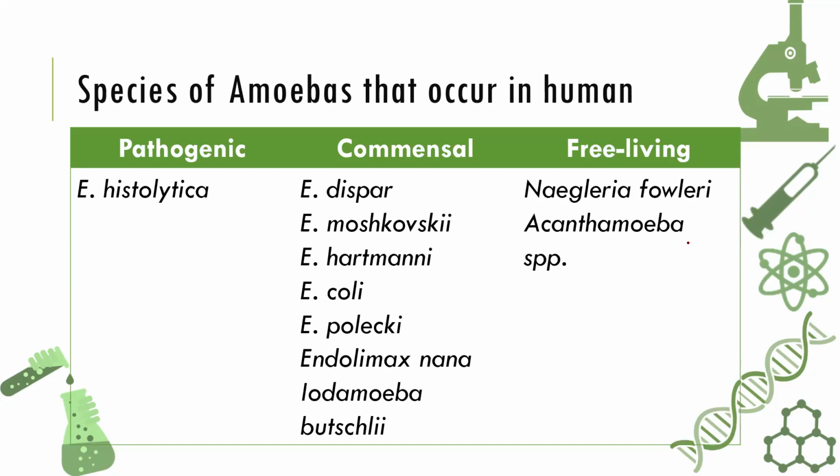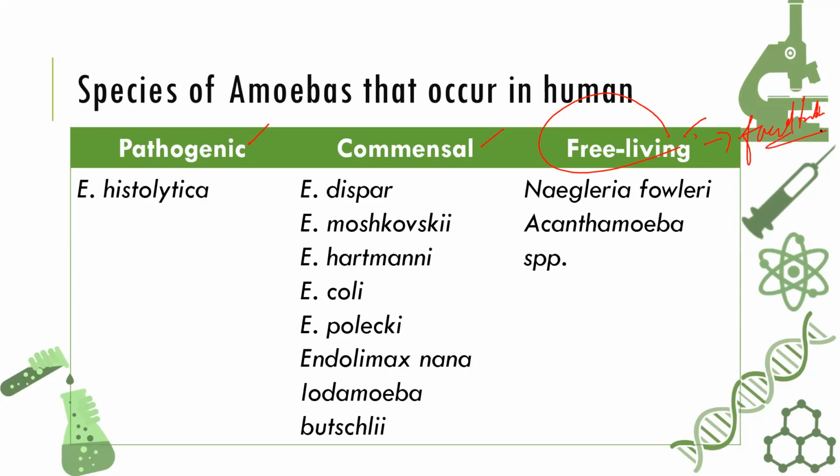Species of amoebas that occur in humans can be divided into three classifications: pathogenic, commensal, and free living. When we say free living, these are what we call facultative.